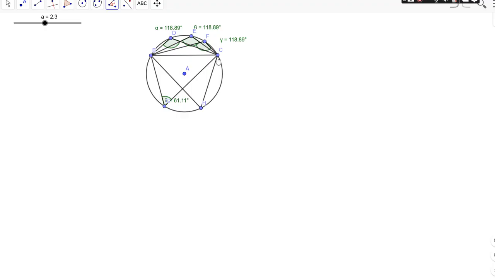Now measure angle CHB. Yes, dear students, it's clearly visible that the measure of the angle in both cases is equal. That is 61.11 degrees. And one more observation, angles formed in major segment are acute angles, right?